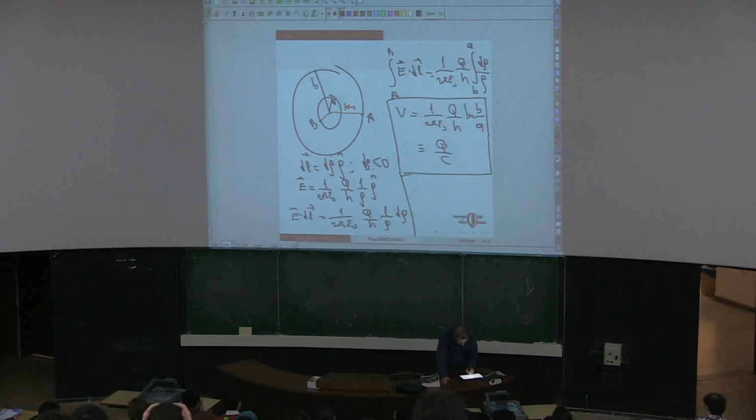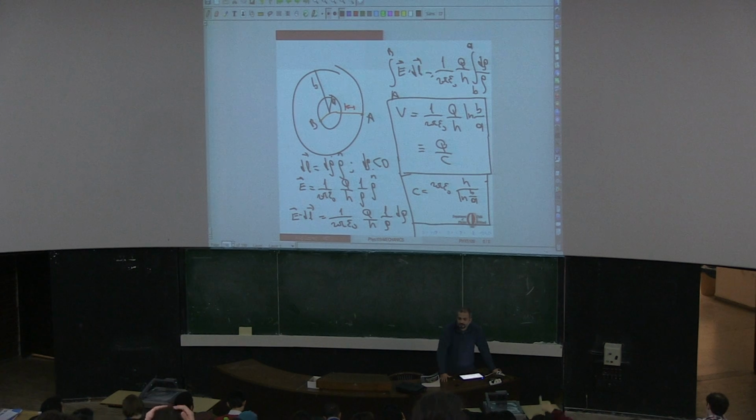So the capacitance is equal to 2 pi epsilon 0 h over logarithm of b over a. This is our capacitance. I took the absolute value.